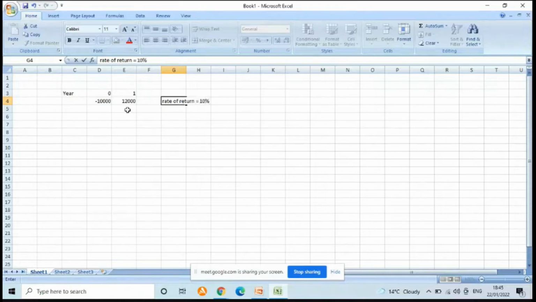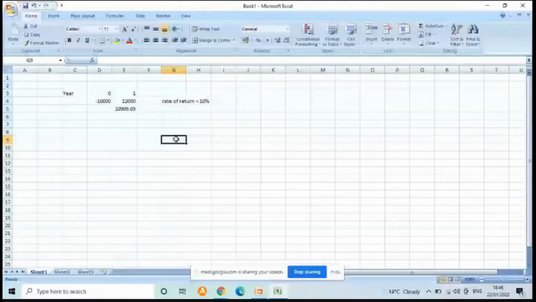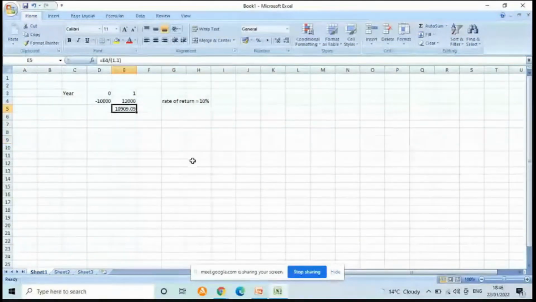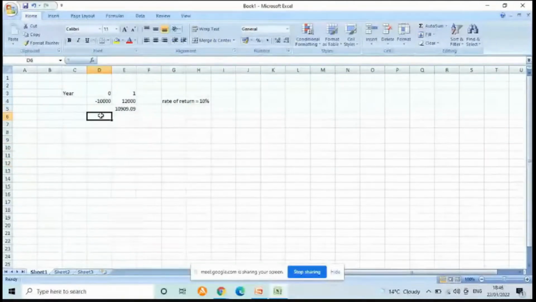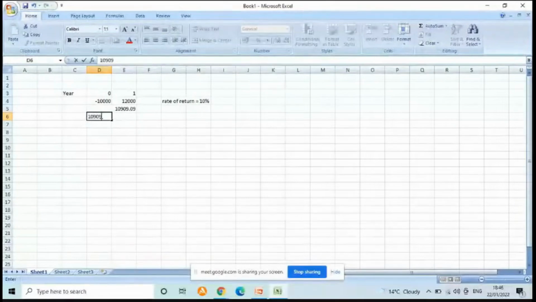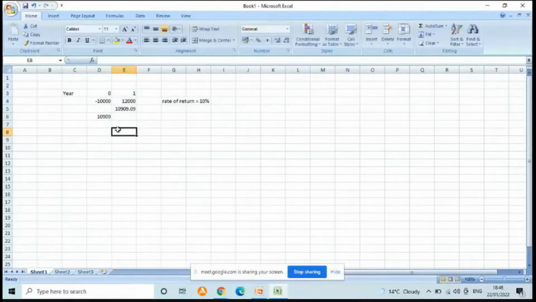So what I'm going to do is divide 12,000 by 1.1, which is 10% added to 1. When I divide it by 1.1, I'm getting a value of 10,909. So this means that on this investment, I'm going to earn an actual return of 900 rupees.